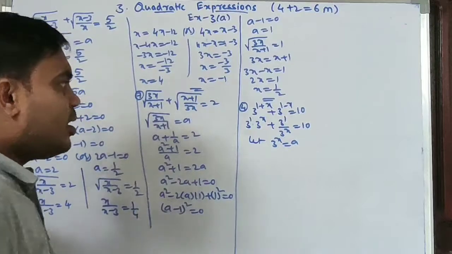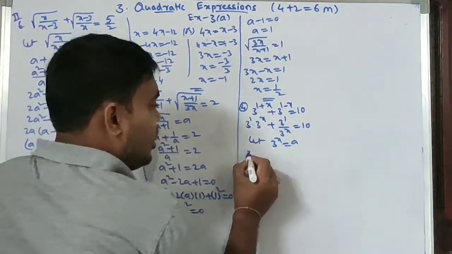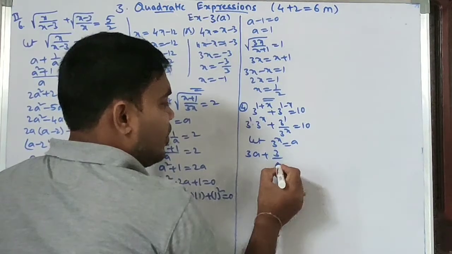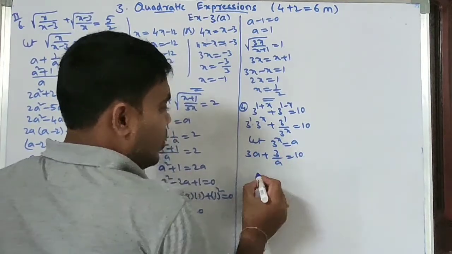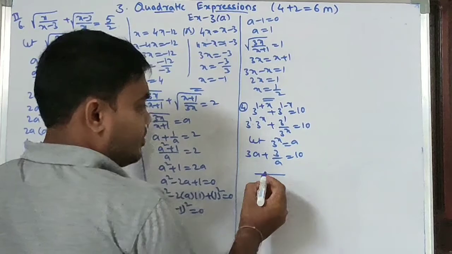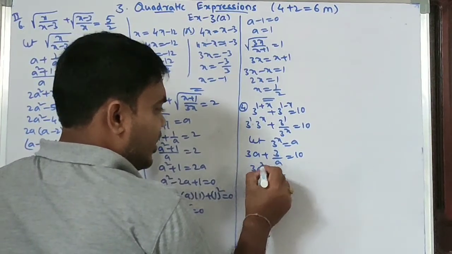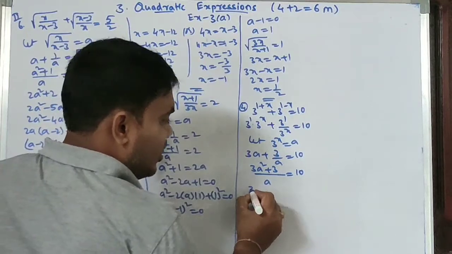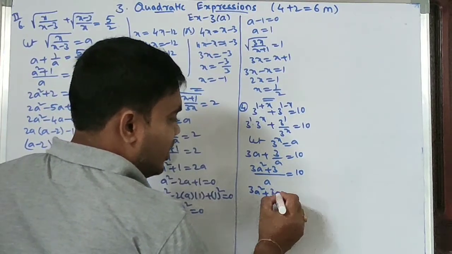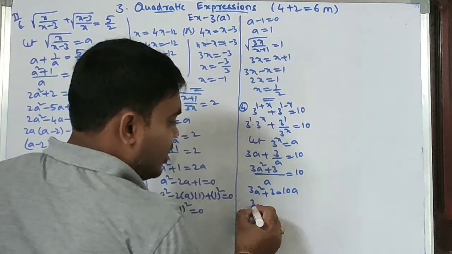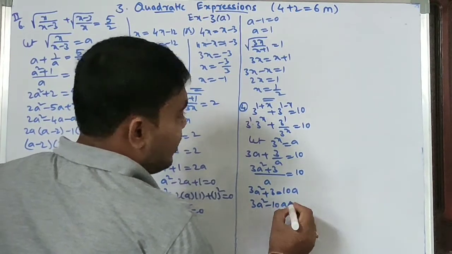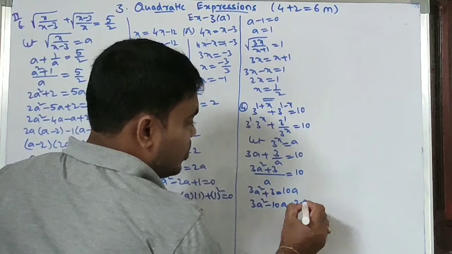Then what happened? 3 into a plus 3 by a equal to 10. Taking LCM a, 3a square plus 3 equal to 10. Cross multiplication: 3a square plus 3 equal to 10a. Bringing 10a to the left side, 3a square minus 10a plus 3 equal to 0.